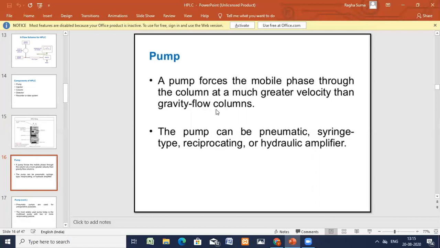This is the traditional one, and this is the recent one which we are using. In this pump, the pressure you apply gives great velocity. For the traditional ones, it is only through gravitational force, so it is slow. These pumps can be pneumatic, syringe type, reciprocating, or hydraulic amplifier.